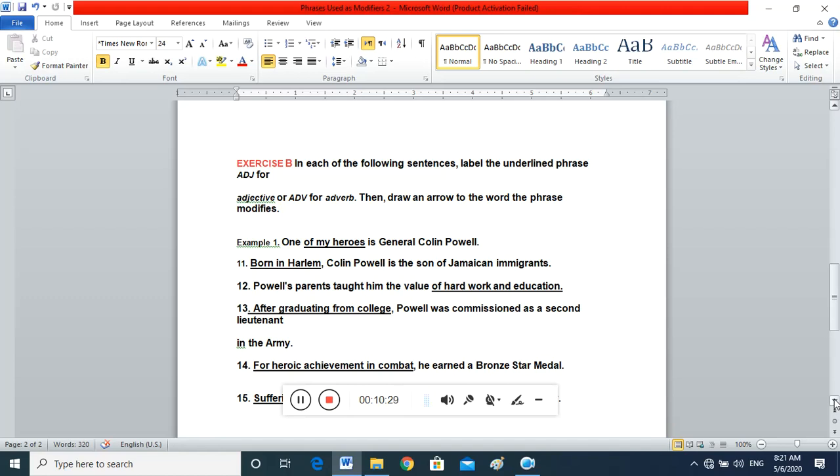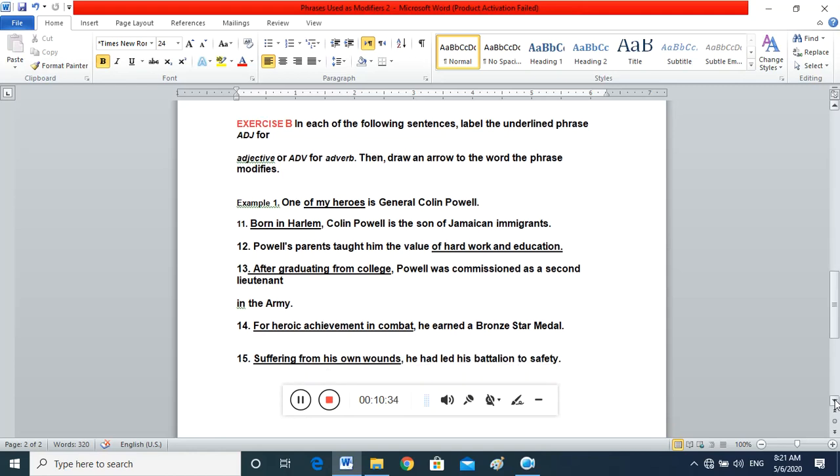What about the next 5 sentences? Number 11. Born in Harlem, Colin Powell is the son of Jamaican immigrants. The phrase born in Harlem describes the general Colin Powell. So it's an adjective. Draw the arrow from born in Harlem to Colin Powell.